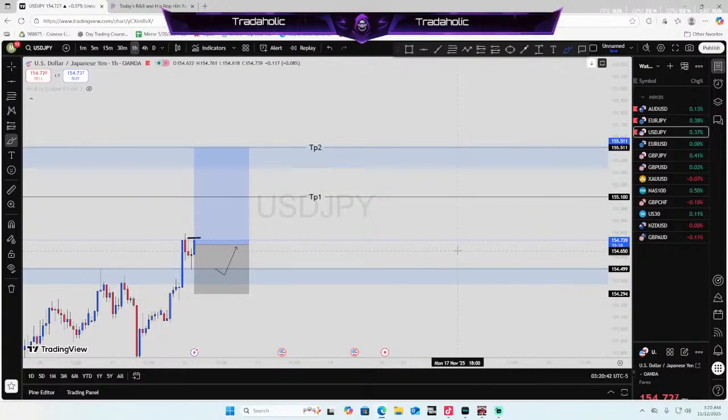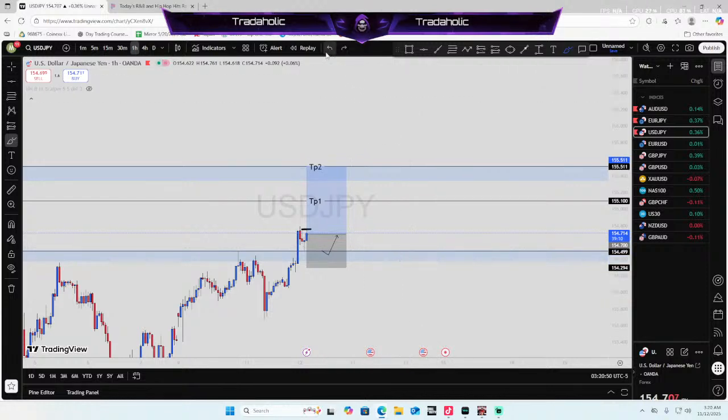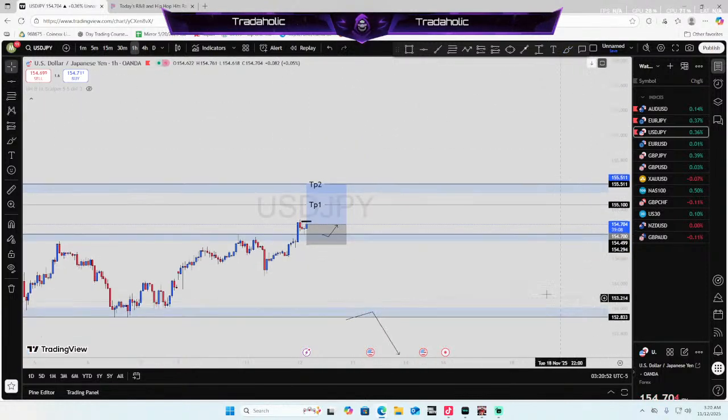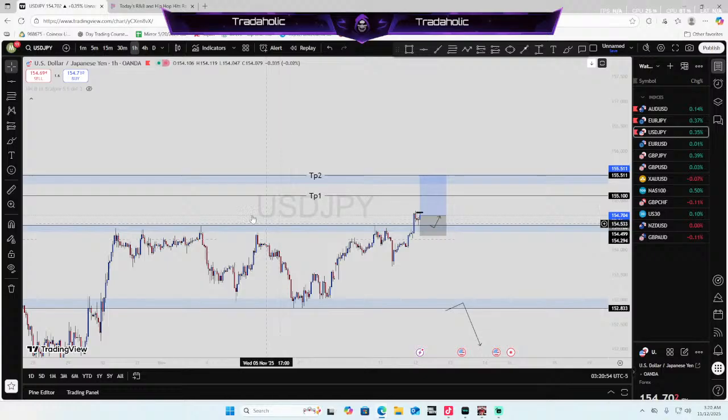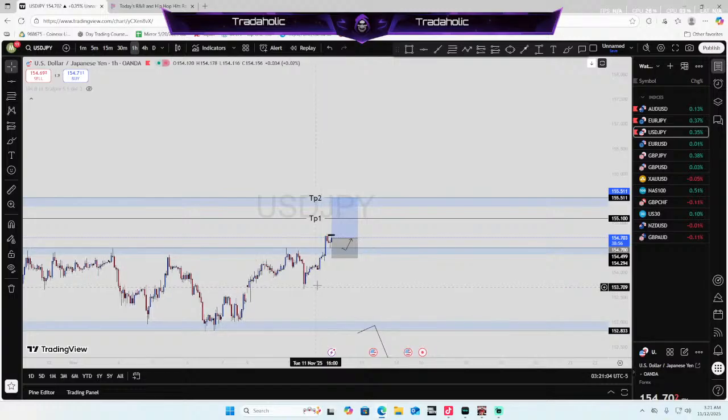I call it consolidation, expansion, retracement, reversal. Put it in perspective, the market likes to consolidate, expand, retrace, then give you approach and reversal. Or like down here, consolidate, expand, retracement, reversal, so on and so forth, right?